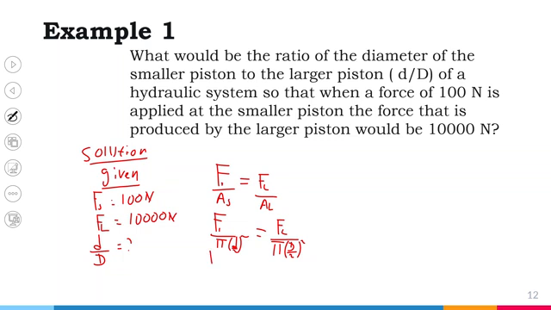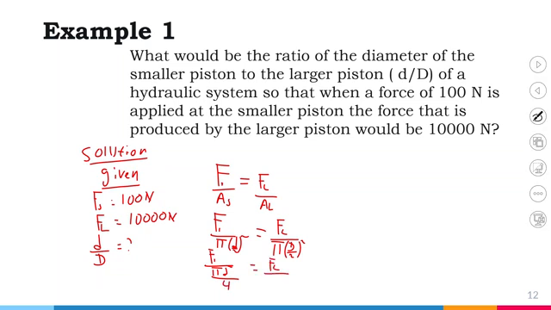This gives us F1 over pi small d square over 4 is equal to F large over pi capital D square over 4. We can simplify the 4.